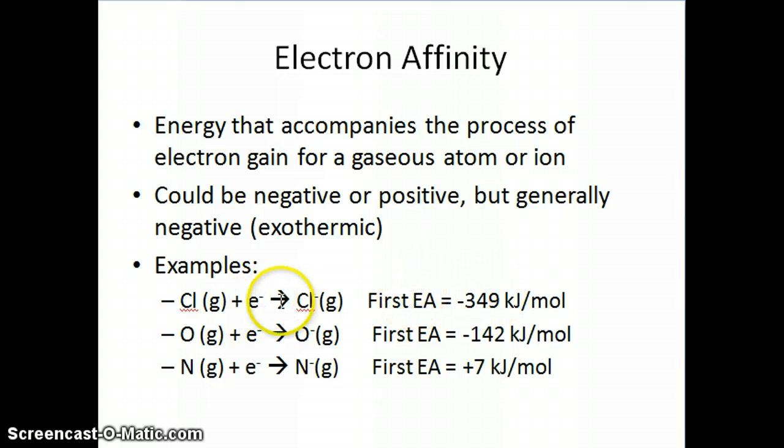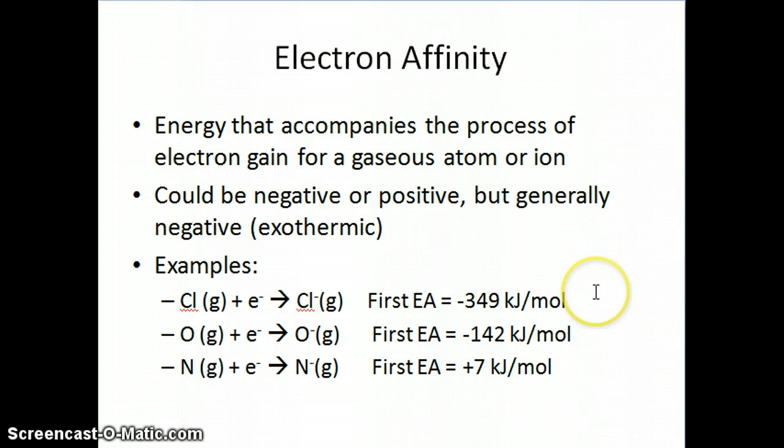For chlorine going to chloride, you gain, meaning you become more stable. The first electron affinity is negative 349 kilojoules per mole. This is obviously an exothermic energy. That means the system becomes more stable by 349 kilojoules of energy.